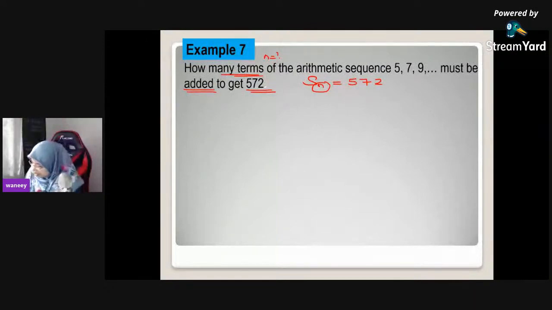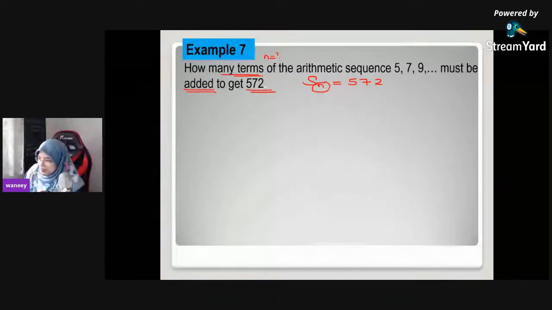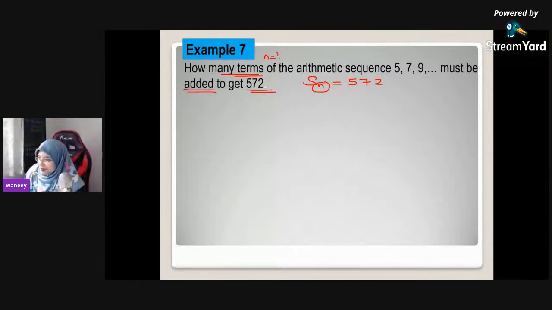Oh, Afiq pun dah dapat. 22 juga. Betul ke ni? 22. Confident itu penting.